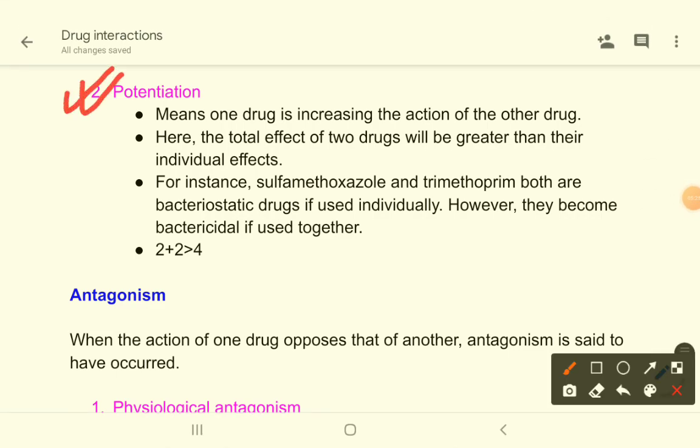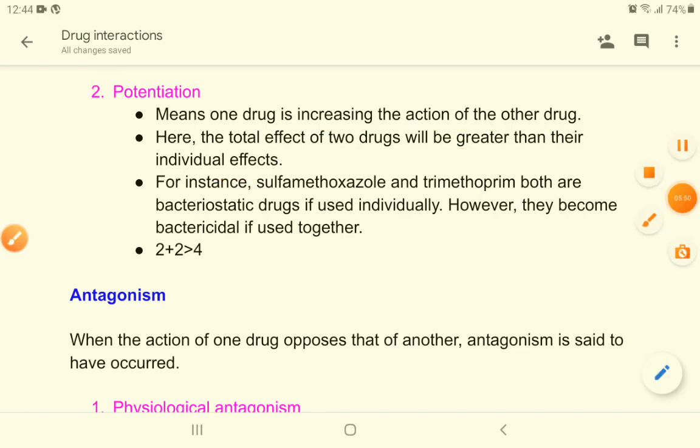Potentiation means one drug is increasing the action of the other drug. So the total effect of two drugs will be greater than their individual effects. Here 2 plus 2 will be more than 4. That will not be only 4, that will be more than 4. That means one drug is increasing the effect of the other drug.